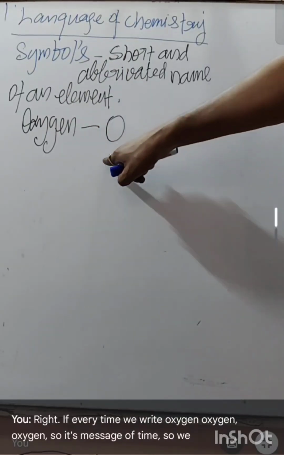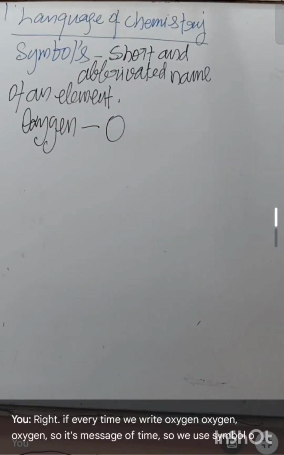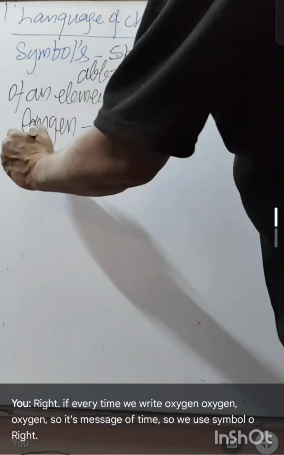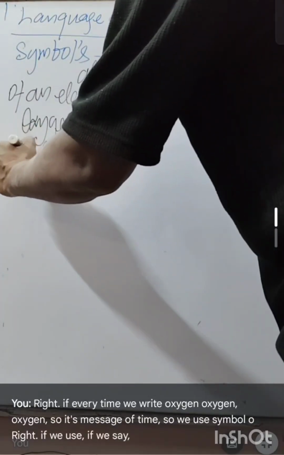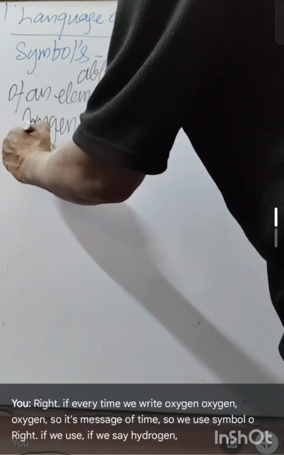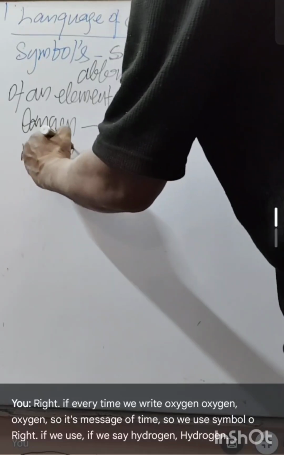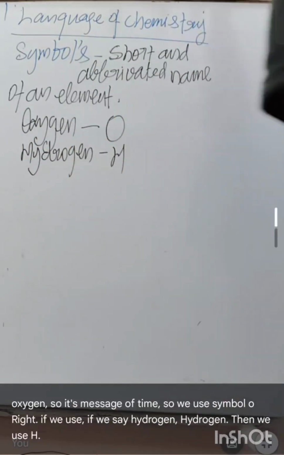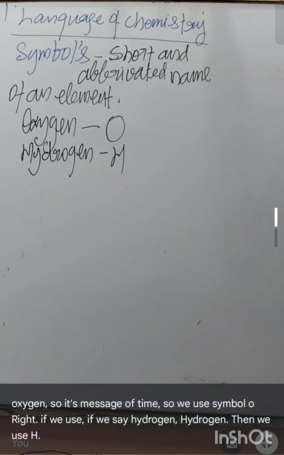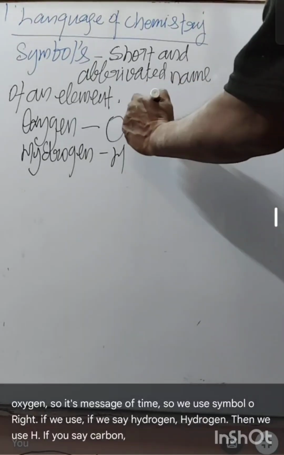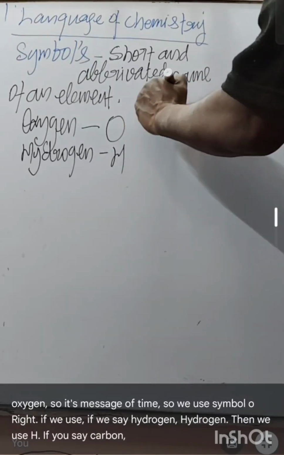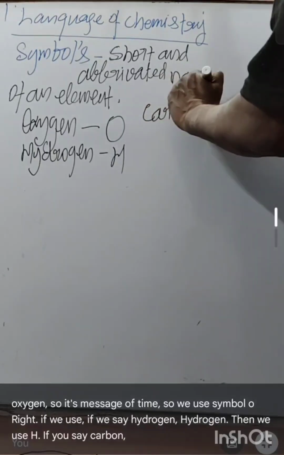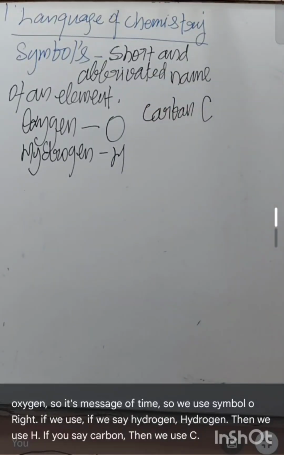So we use the symbol O. If we say hydrogen, then we use H. If you say carbon, then we use C. Getting? Yes, sir.